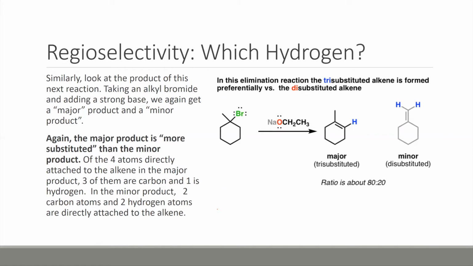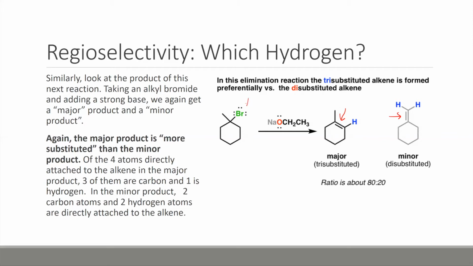In another example, you can look at the product of this reaction. So here we're taking an alkyl bromide and adding a strong base. Yet again, we have a major and a minor product. The major product is this tri-substituted double bond as opposed to this di-substituted double bond.